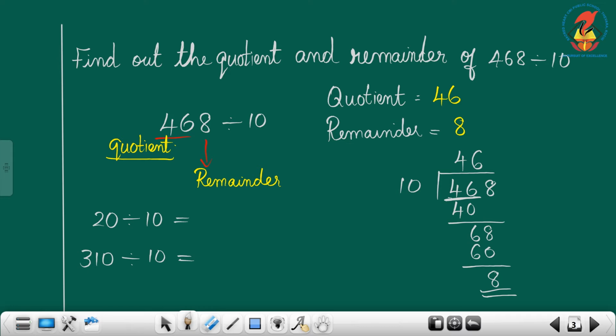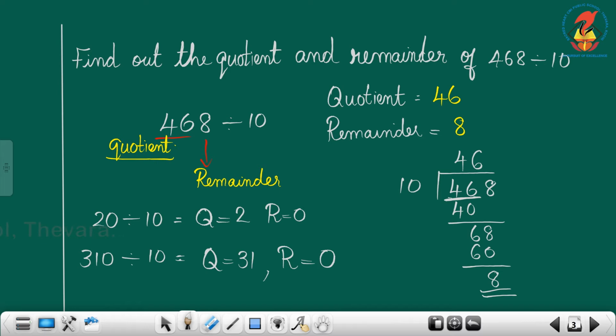Here the ones place number is 0, so the remainder is 0 and the quotient is 31. You can write it like this: quotient is equal to 31 and remainder is equal to 0.